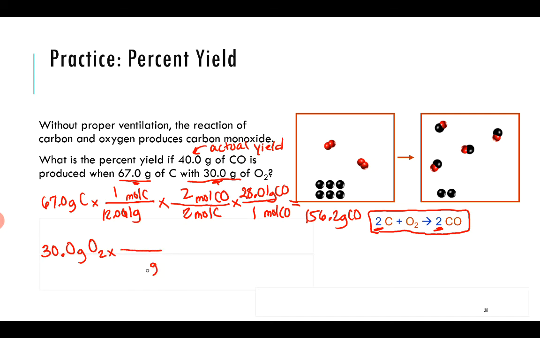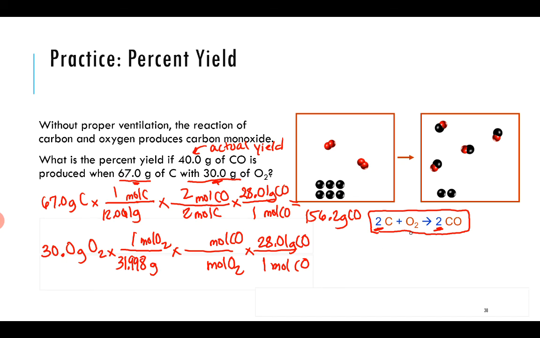So let's do the same type of calculation, only now with O2. So I can use my molar mass of O2, which is 31.998. Cancel out my moles of O2, get into moles of carbon monoxide. That is 28.01, same molar mass of carbon monoxide as above.